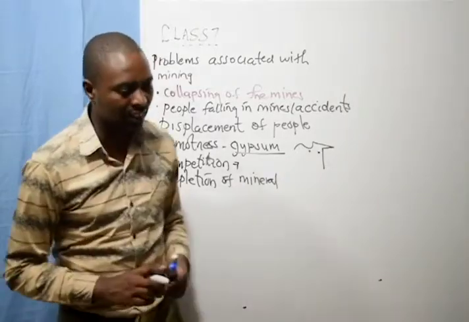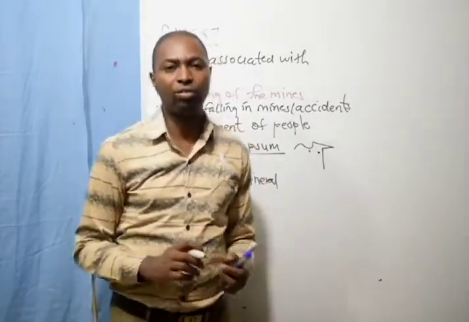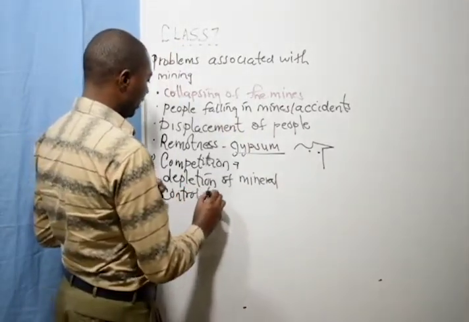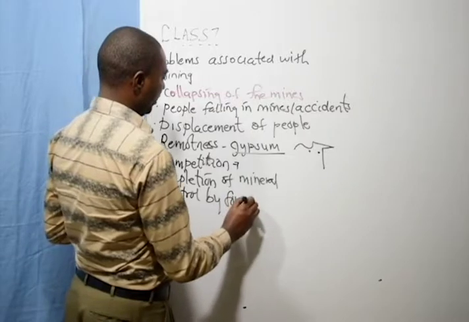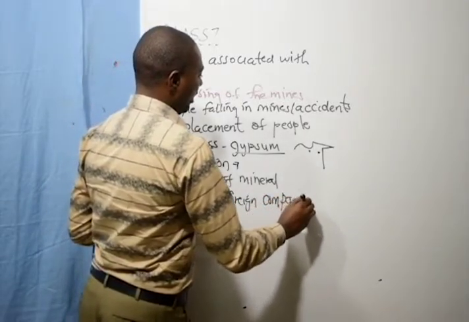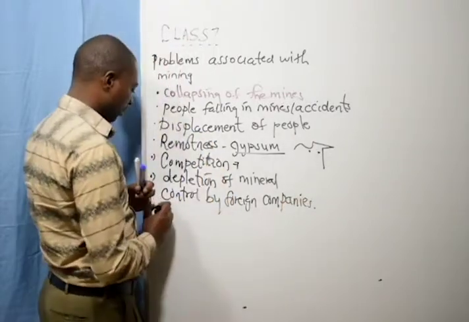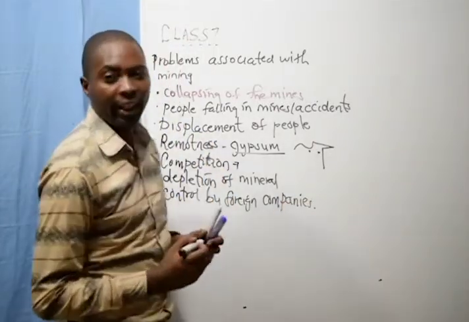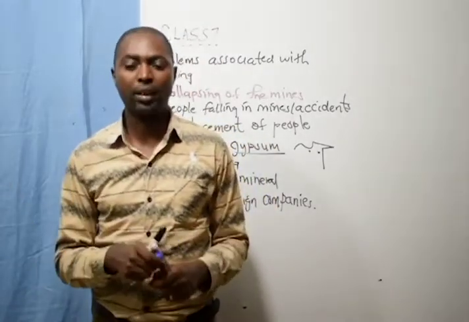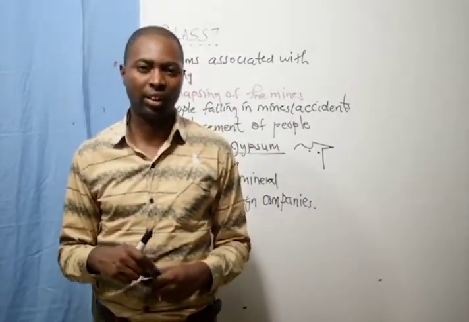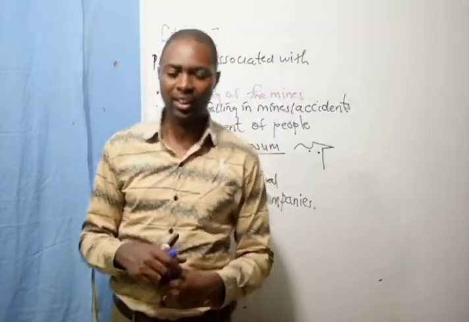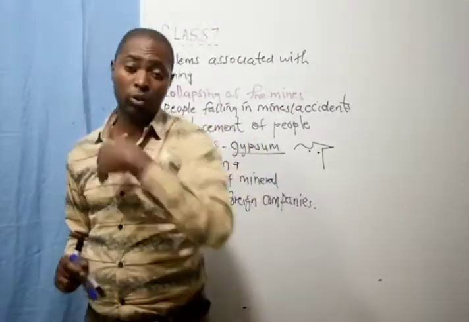The other factor is control by foreign companies. As is the case in Nigeria, most of the companies are foreign owned, and therefore the company owners in the Niger Delta, where petroleum is mined, export the mineral to their countries.